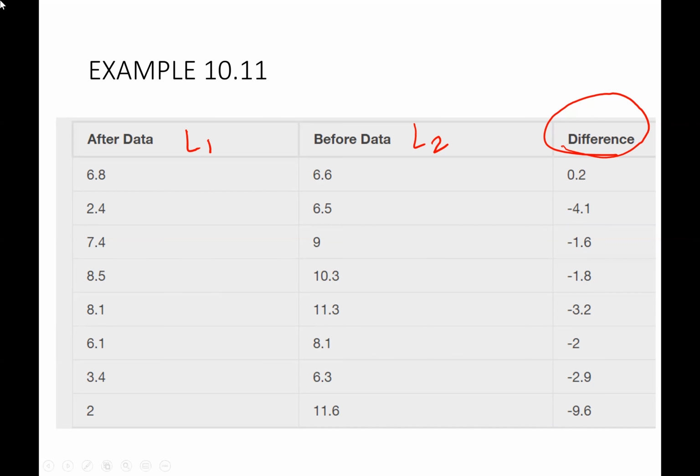Okay, so since I put my after data in L1 and my before data in L2, and I'm interested in the after minus before, I'm going to subtract L2 from L1. Now, it depends on what yours is, how you're going to subtract this, but let's go do it.